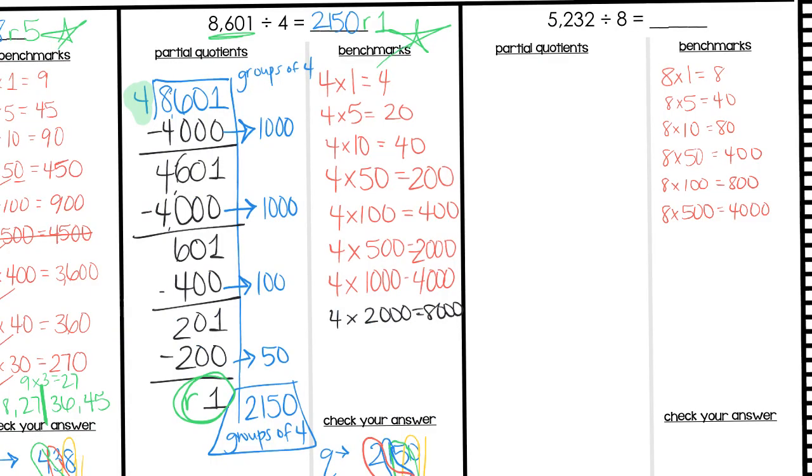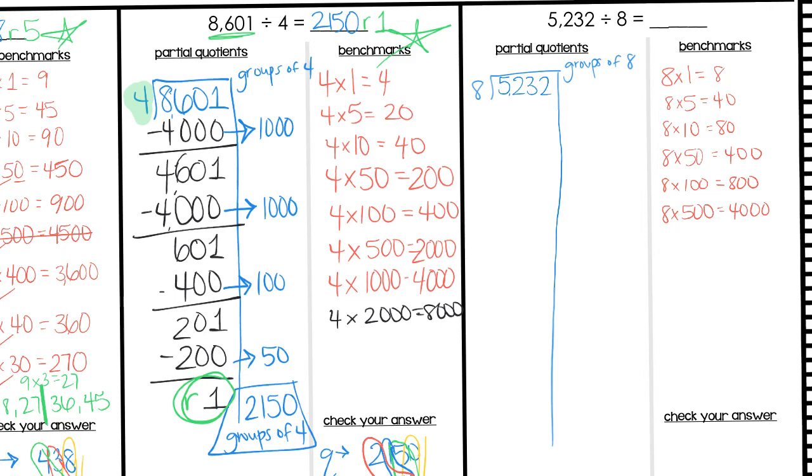All right, now that we have our benchmarks, make sure you go up to 500. Let's write 5,232 divided by 8. And we're going to draw our line down to separate our repeated subtraction from our groups of 8.